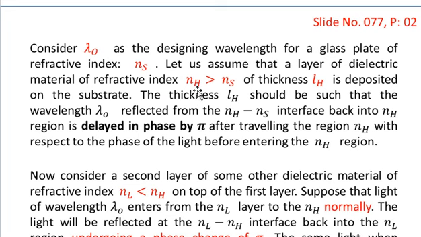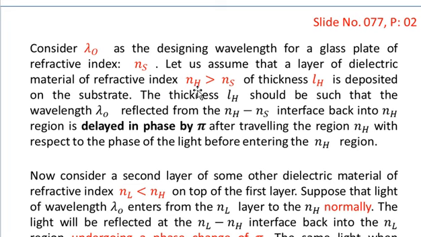So you see that we have a glass plate with refractive index Ns, and on it another layer with refractive index Nh, of thickness small LH. This thickness is chosen in such a way that when the light enters this material and reaches the NH-NS interface, it is reflected back from that surface.